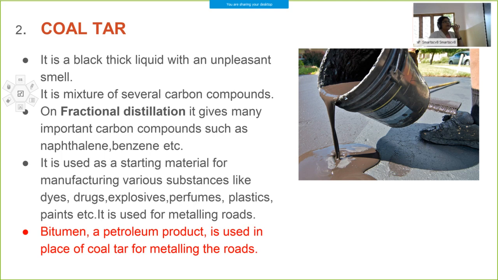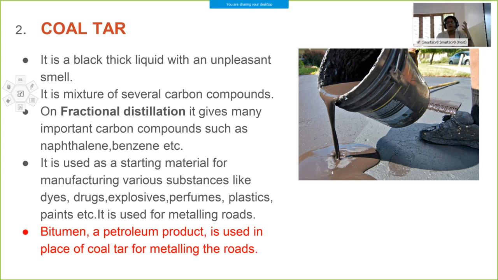Then it is a mixture of many hydrocarbons. Now what are hydrocarbons? Hydrocarbons are compounds containing hydrogen and carbon. This coal tar contains many hydrocarbons like phenol, benzene, naphthalene, etc. Each of these is used for various purposes. For example, naphthalene. You are all very familiar with naphthalene balls, is it not? We put these naphthalene balls in cupboards, shelves, etc. to protect from insects.